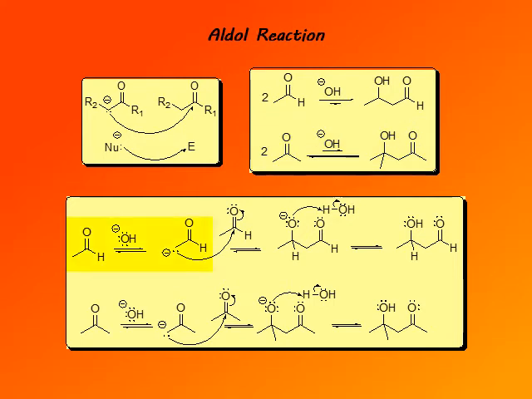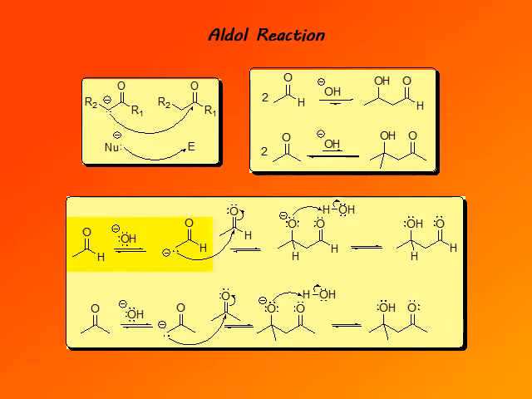The reaction mechanism involves deprotonation of an aldehyde, acetaldehyde in this case, with a base such as hydroxide or alkoxide. This results in deprotonation of only about 1% or fewer of the molecules of the aldehyde. So 99% of them are still in protonated form.